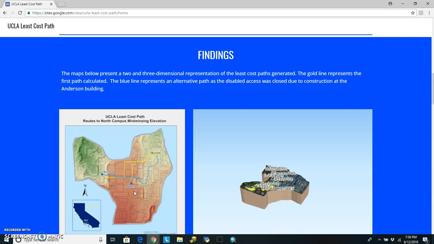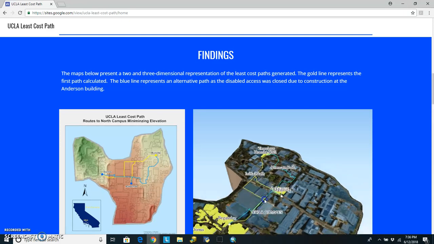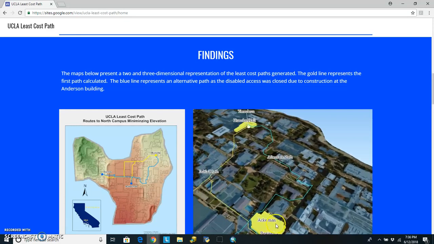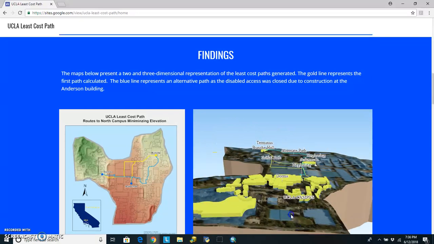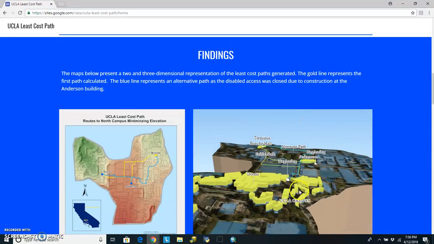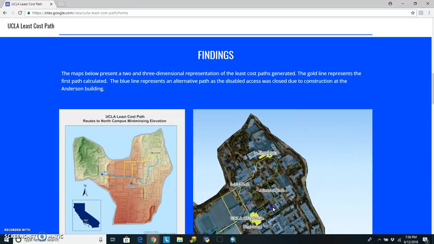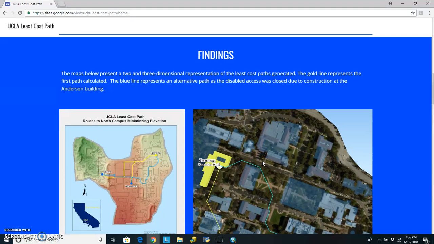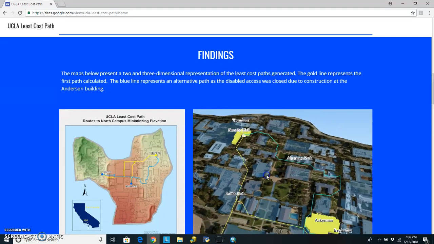A 3D model was produced with the routes, origin point, and destination elevated.